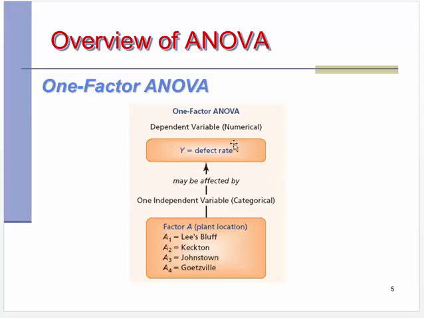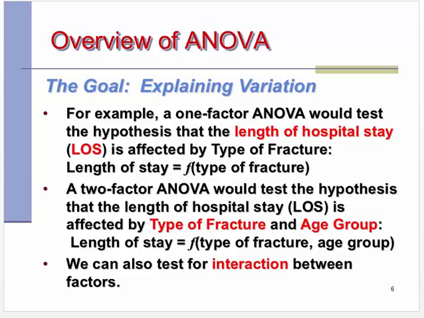So the defect rate here, y, is a numerical dependent variable, and that may be affected by, we're speculating, one independent variable. That one independent variable, which is categorical in this case, is just plant location. This will be an example of a one-factor ANOVA. This is a dependent variable. These are the factors.